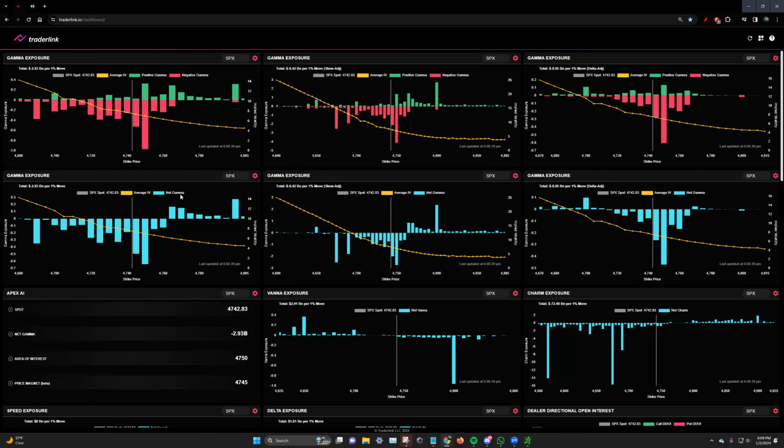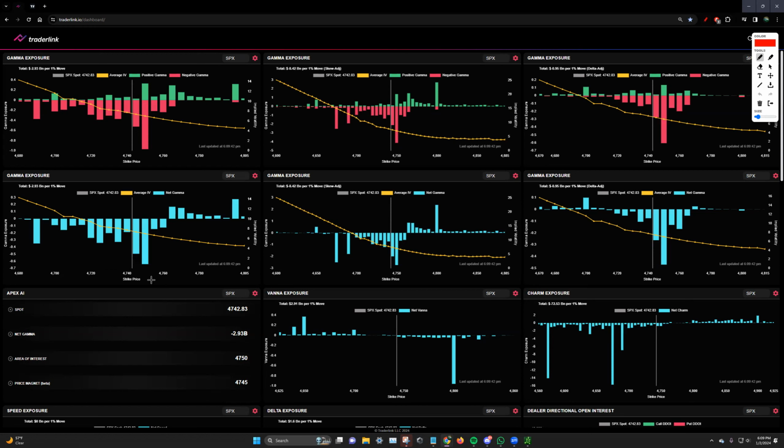But with gamma, the easiest way to play with gamma, in my opinion, is to implement support and resistance. So certain gamma levels, the AOI is pretty much just another gamma level. However, it's just going to be the area in which the market will have more of a reaction in comparison to everywhere else. So AOI is just the largest exposure.